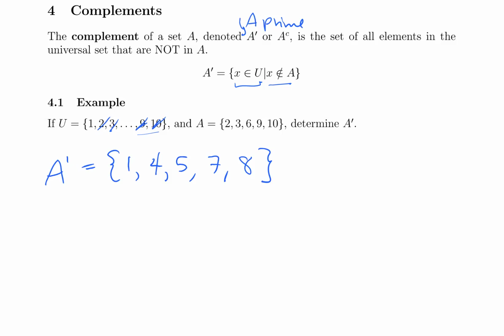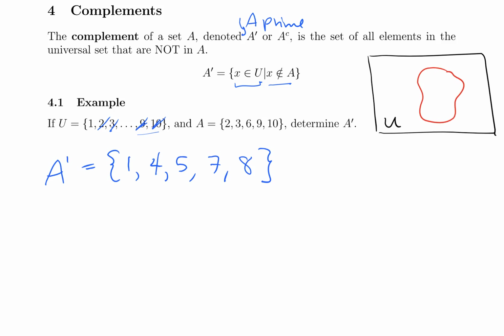You can think of this also in terms of a diagram. If you imagine your universal set is everything within this little rectangle, like a piece of paper, so there's my universal set. A lives somewhere inside of there.